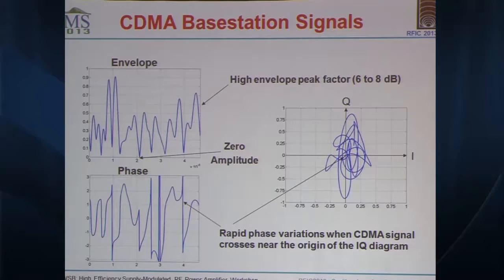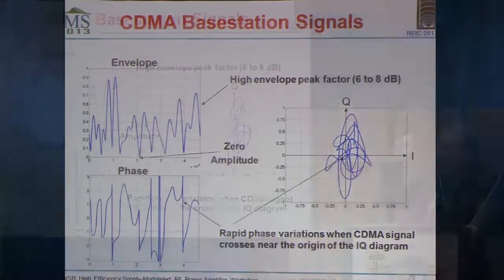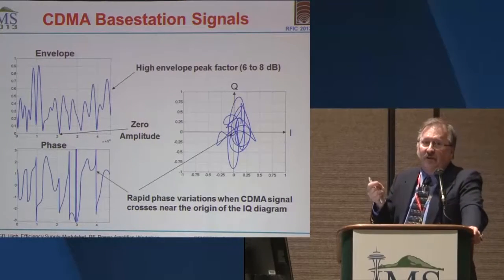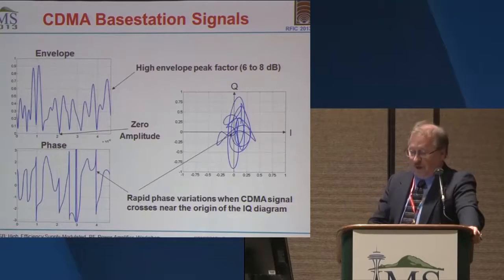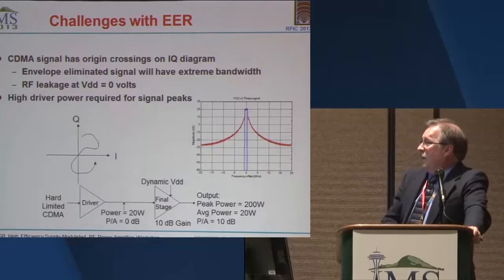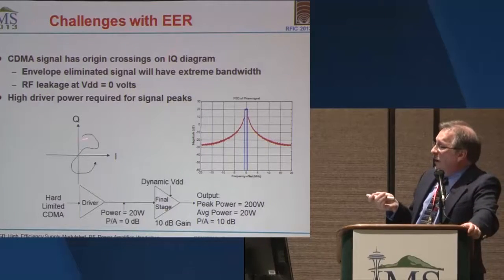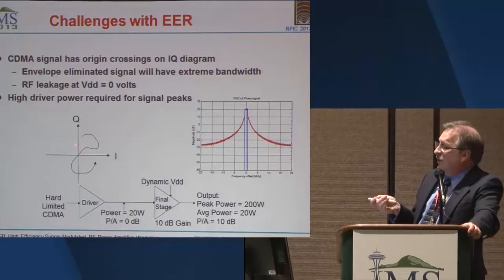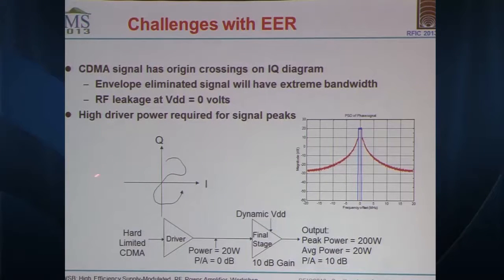When I'm going through the middle, I'm going to have a very, very rapid phase change as I go from one quadrant to the other, or from the first quadrant to the fourth. And if I have a time alignment mismatch as I'm shooting through the middle, it's going to be a pretty big problem.